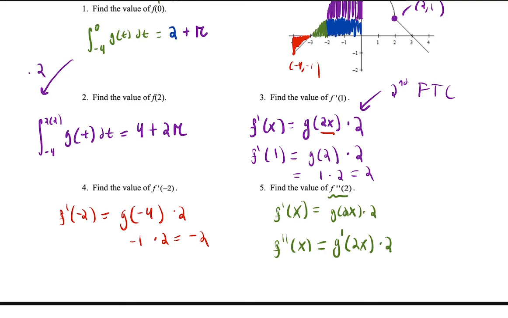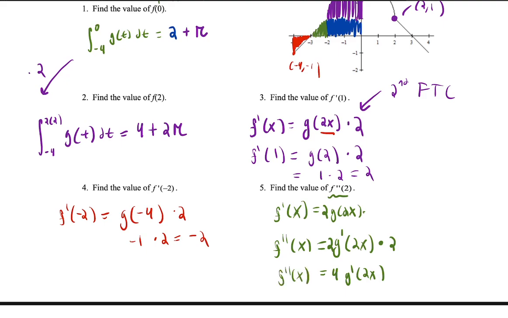Probably that's a little bit easier to see if we clean this up a little bit, move this 2 out front. So 2 times g prime of 2x, chain rule, times 2. So this is actually going to be equal to 4 times g prime of 2x.